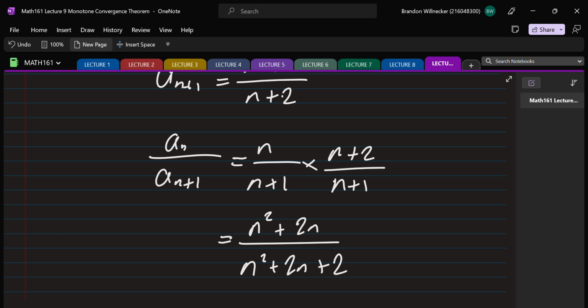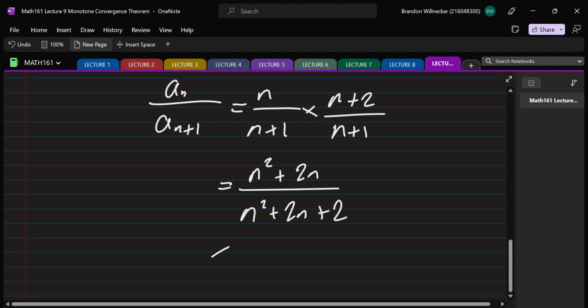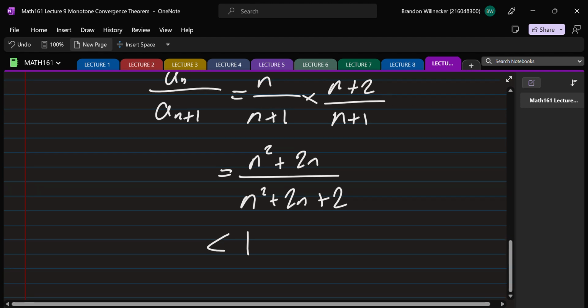We see that the top and the bottom are almost the same, except the bottom has an extra plus 1. That means the denominator is bigger than the numerator, and if the denominator is bigger than the numerator, then the fraction is less than 1. So here we have a_n over a_(n+1).